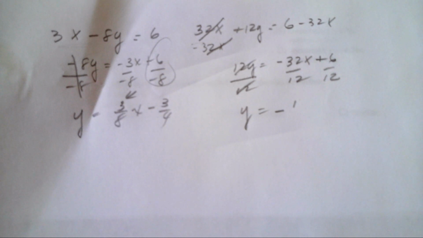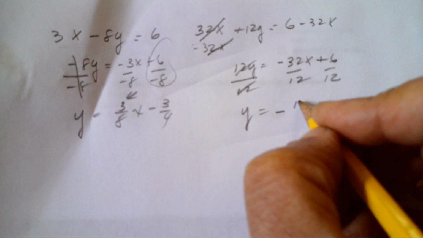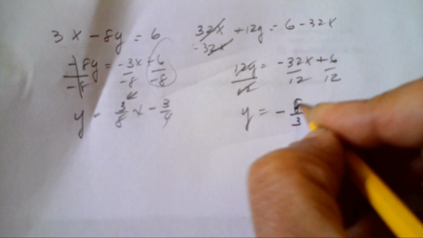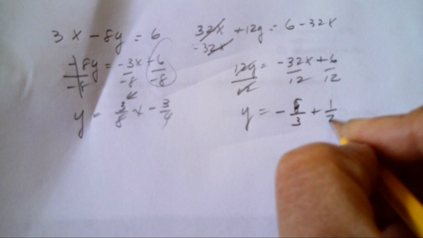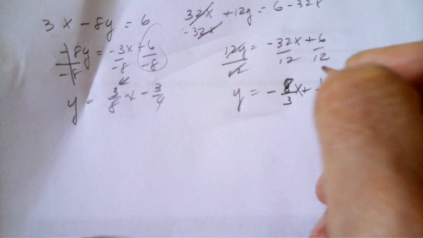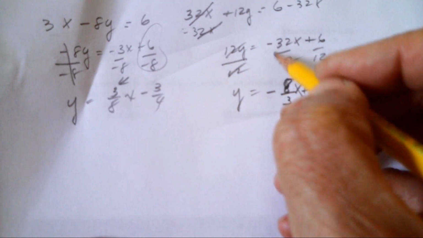Divide by 3? 2 would be 16 over 6, and 2 more would be 8 over 3. Divide both things by 4. This would be an 8, and this would be 3, and this would be a 1/2. Put the x right there. I made a mess of that. That's a minus 8. So this, the lowest terms, is 8 over 3, and it's negative.